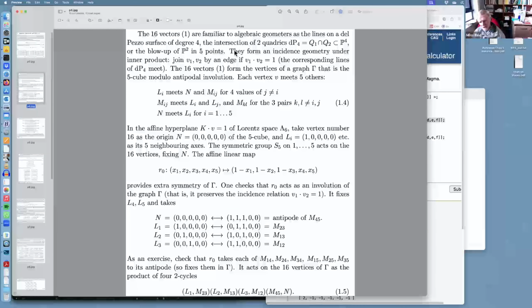And 19th century people loved incidence geometry.